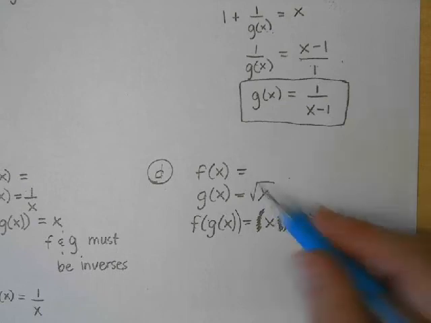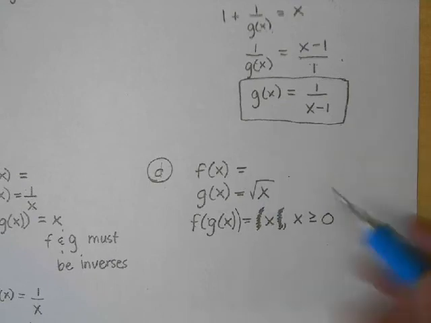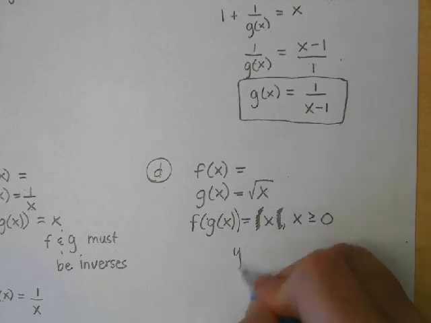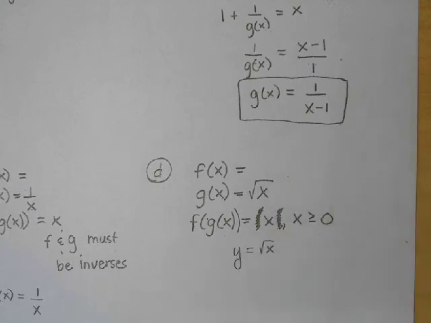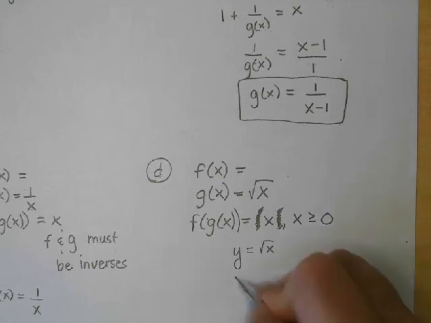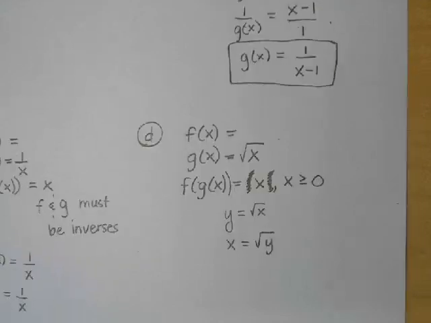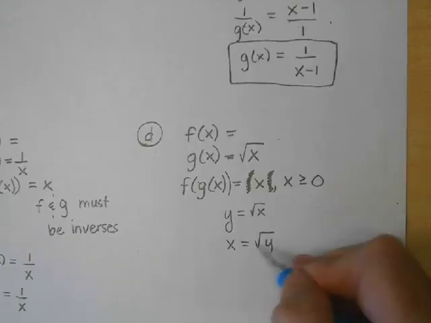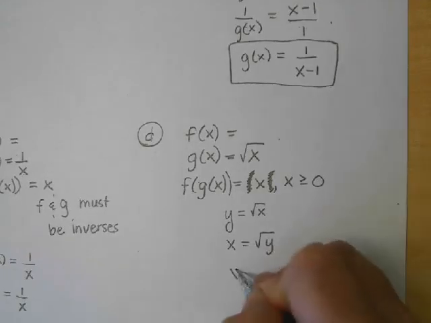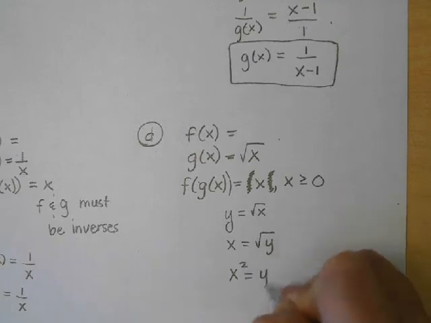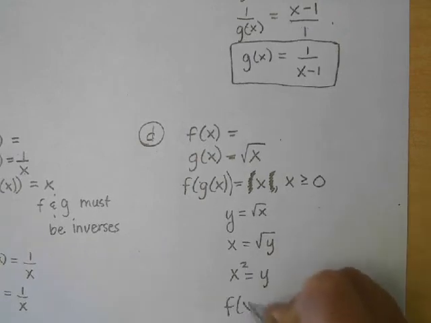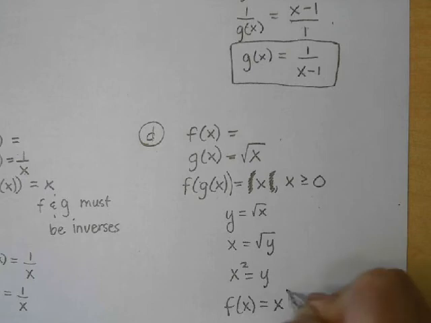Let's say they're inverses of each other. I know that y is the square root of x. So the inverse would be x is the square root of y. Then I want to solve it for y, so I would have to square both sides. And f of x would have to equal x squared.